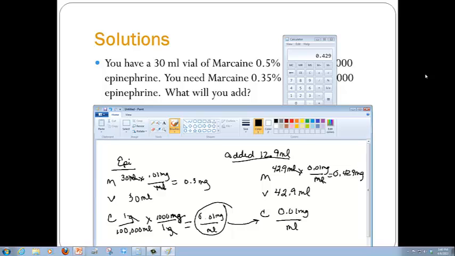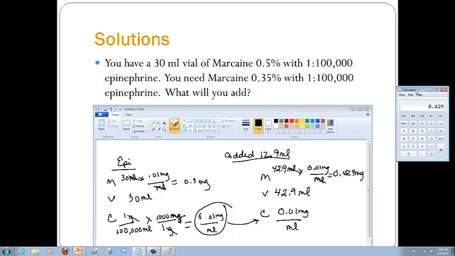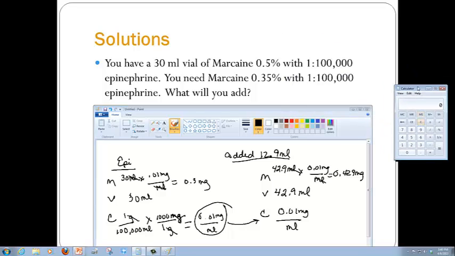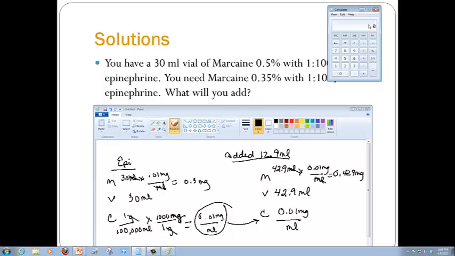Again, don't stop here. You need to answer the question that's asked. What question is asked? What will you add? We had 0.3 milligrams of epinephrine in the original solution. We need 0.429 milligrams of epinephrine in the final solution.